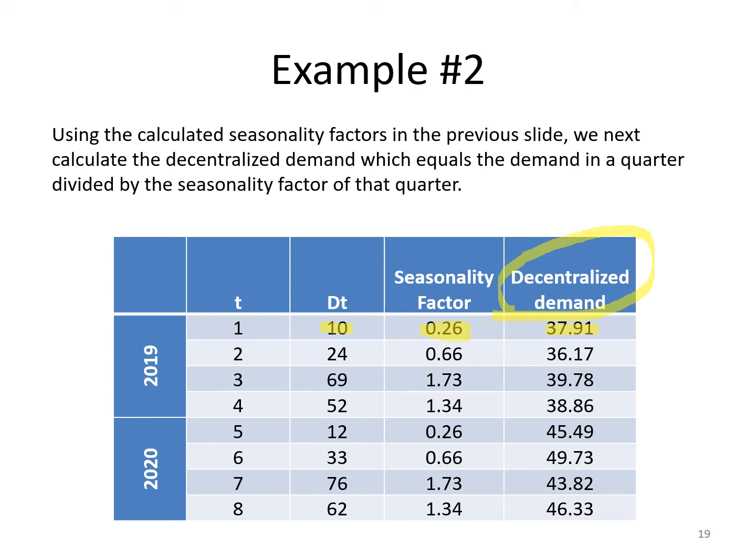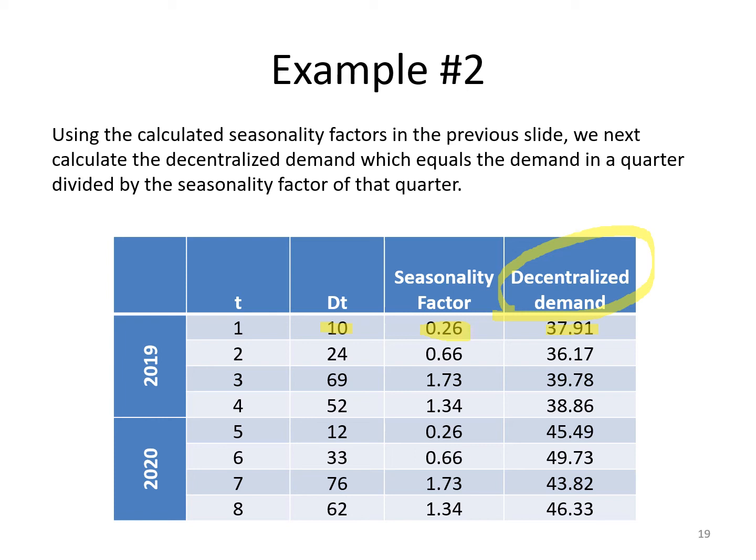The decentralized demand is actually the cornerstone of this technique because you can apply any other moving average technique, probably exponential smoothing or any suitable technique, to predict future demand, which in this case will be decentralized future demand.